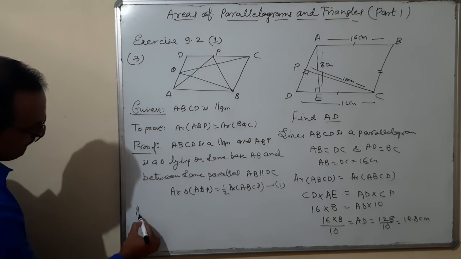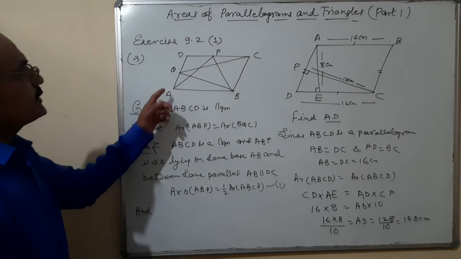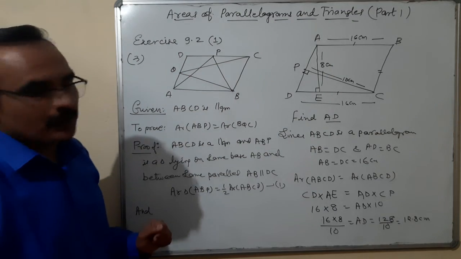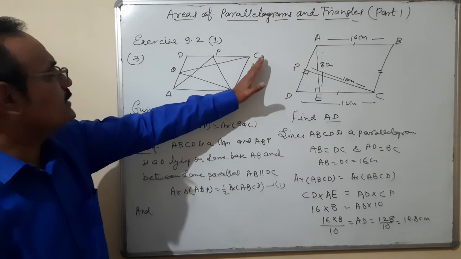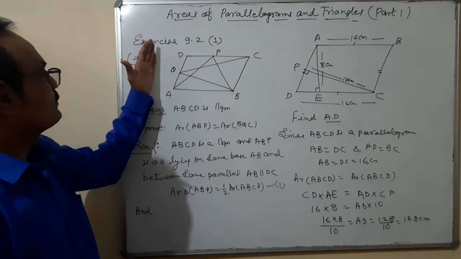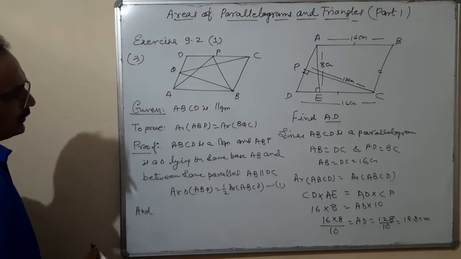And same condition, ABCD is a parallelogram and BQC is a triangle. They are lying on the same base BC and between the same parallels BC and AD. Okay.